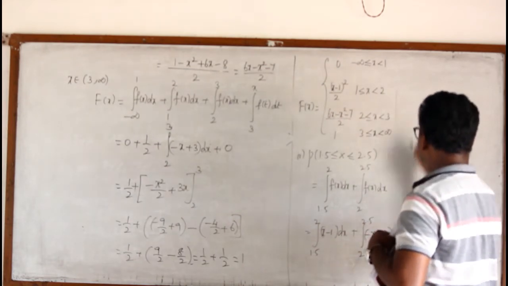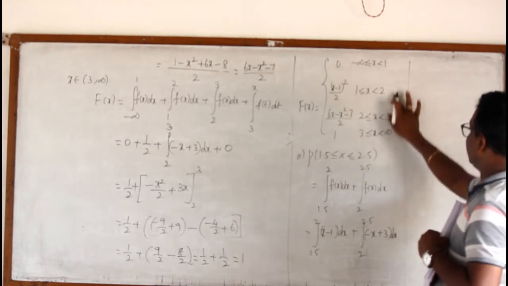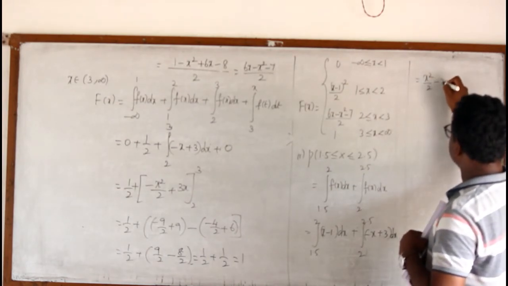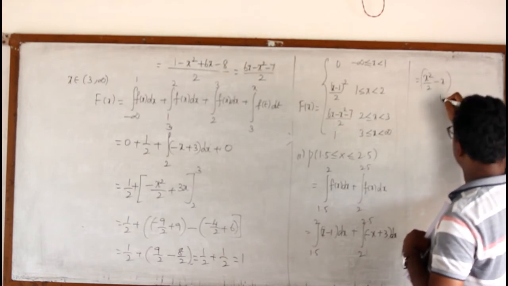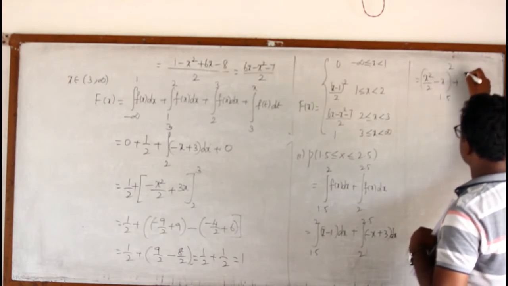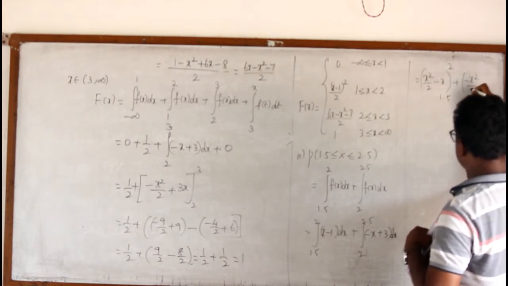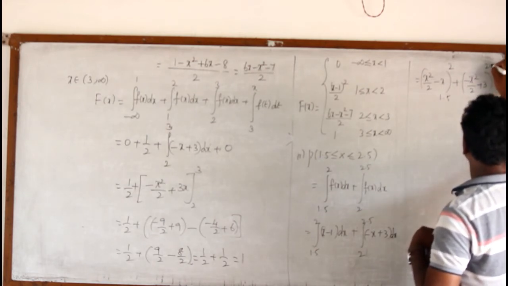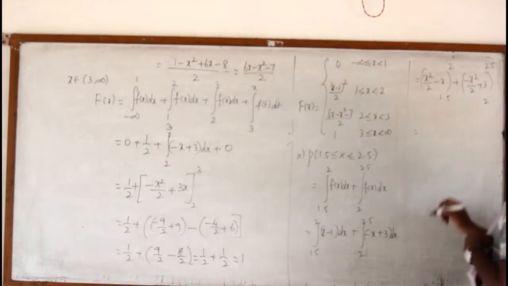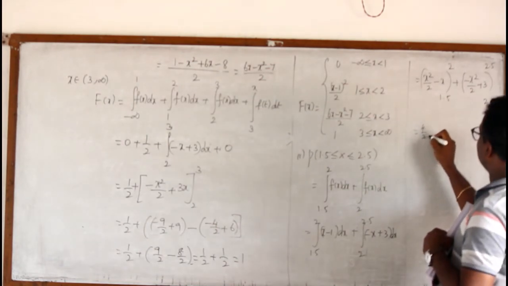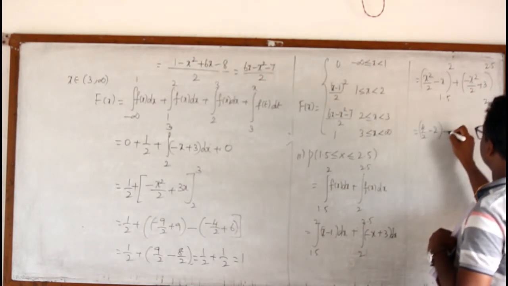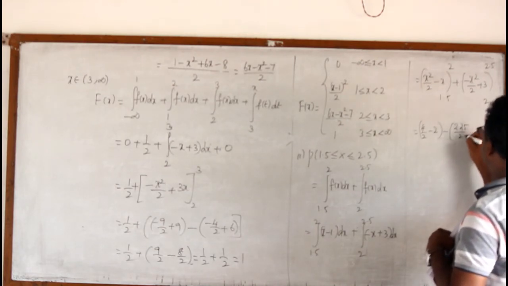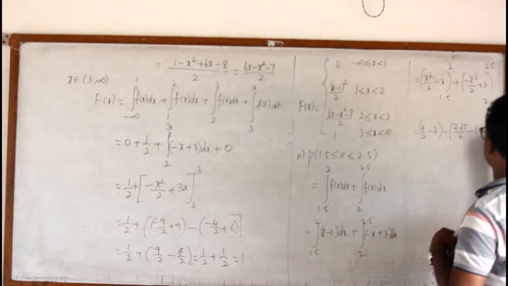into dx. When we go for integration, this is x square by 2 minus x, and here the limits are 1.5 to 2. Here it is minus x square by 2 plus 3x, and here the limits are 2 to 2.5. When I apply the upper limit, it is 4 by 2 minus 2, minus 1.5 whole square is 2.25 by 2 minus 1.5.